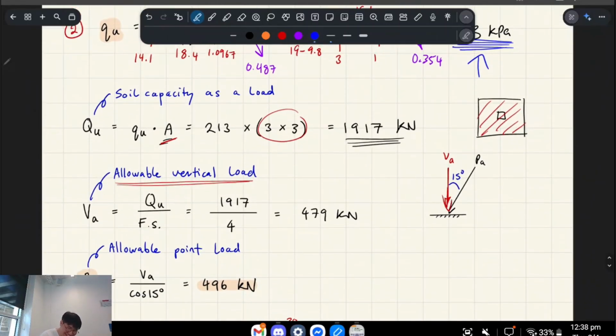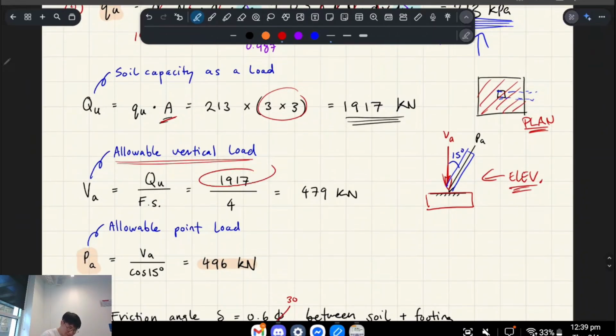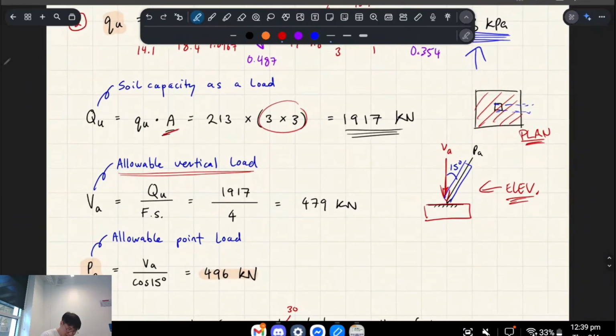So this is going to be really trippy. We're looking at this top down, but essentially we have a column that goes like that. That's the elevation view, and that's the plan view. So we have that force.